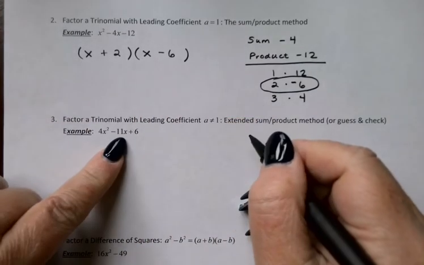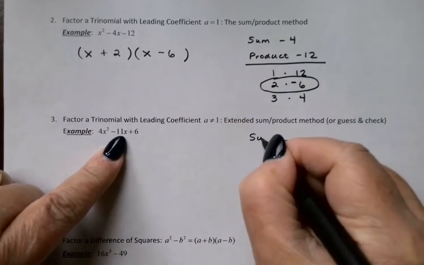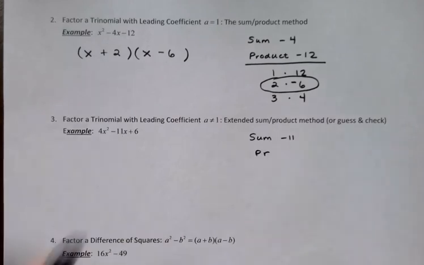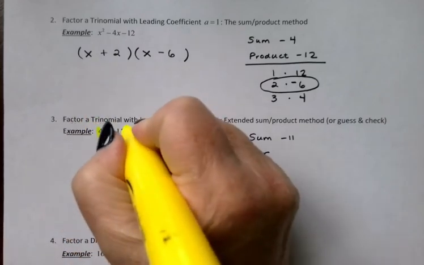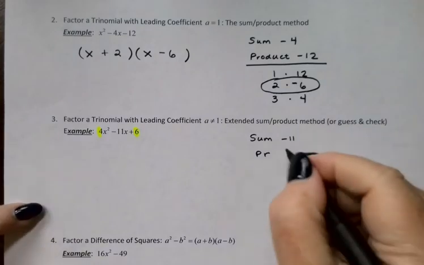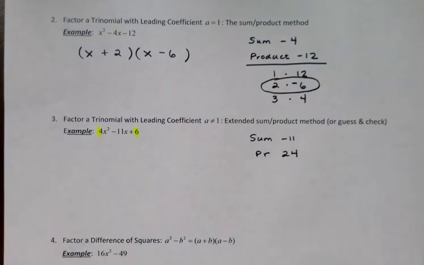Instead, I'm going to say let's find two numbers with a sum of -11. And for my product, I'm actually going to multiply the first and last coefficients, the 4 times the 6, giving me 24.